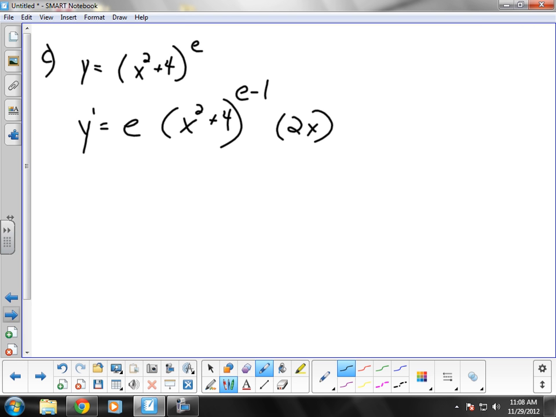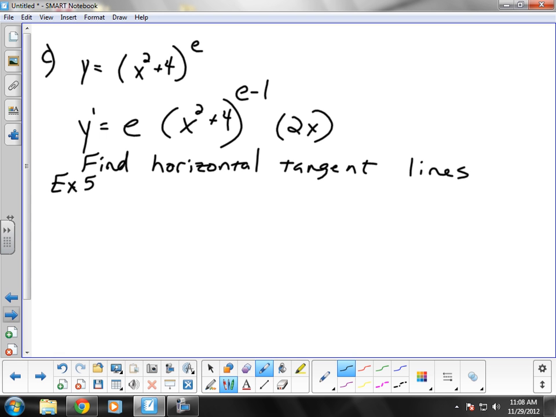Alrighty then. So, example 5, we want to be able to find horizontal tangent lines. Now, we've talked about finding equations of lines a whole lot, but why do we ever find the horizontal tangent lines?